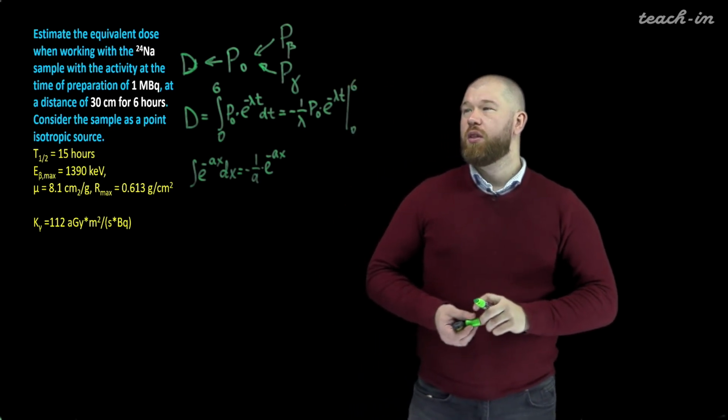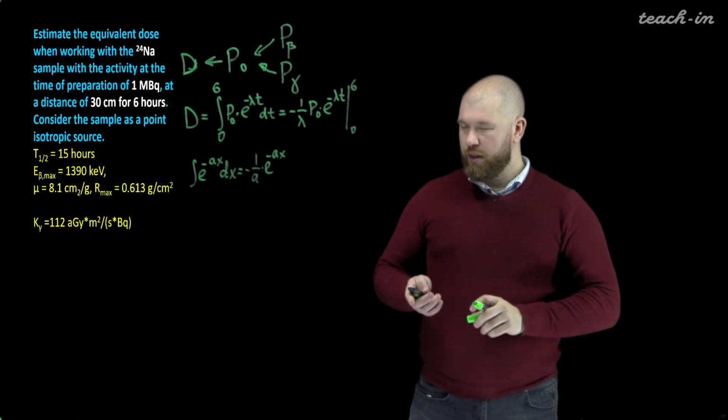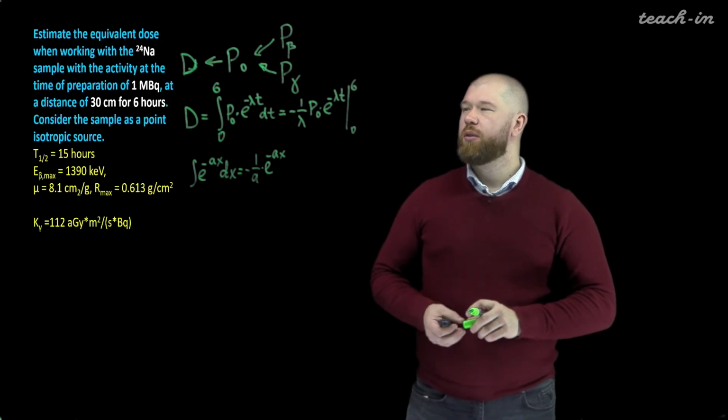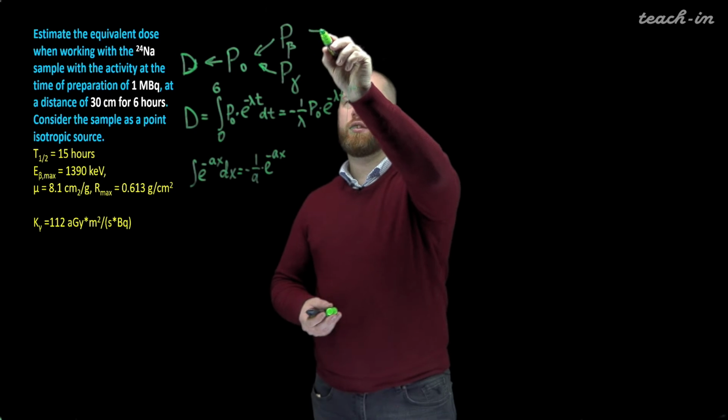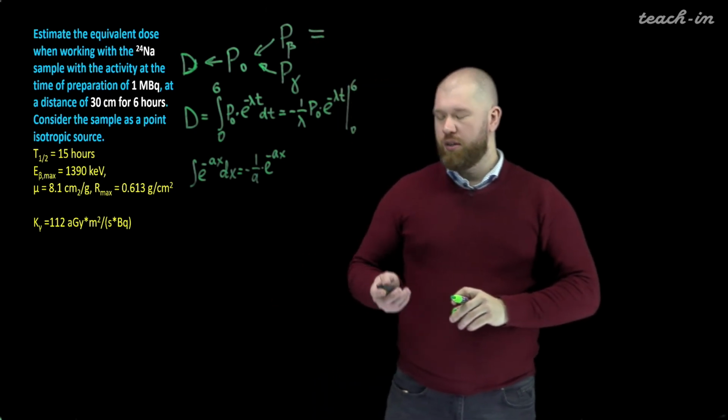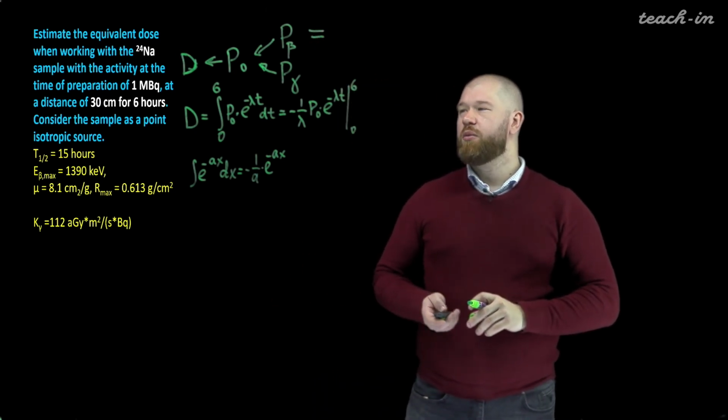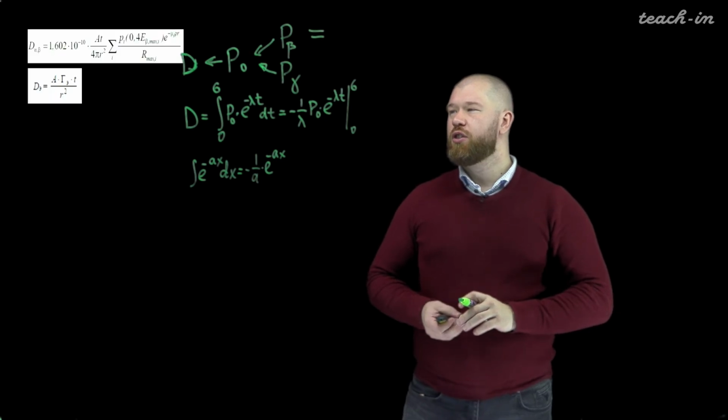Okay, but now we have to calculate the dose rates from beta particles and gamma quanta. Last time, during the last seminar, we already used this equation.